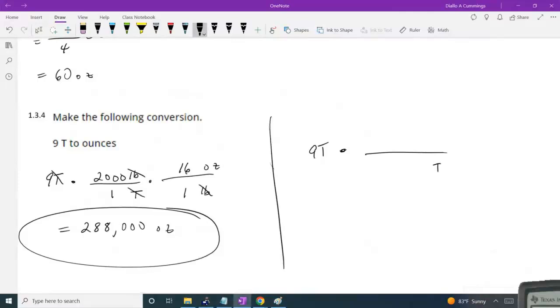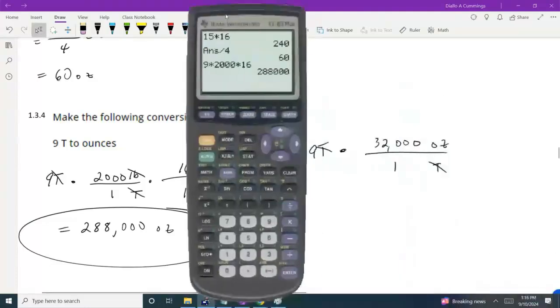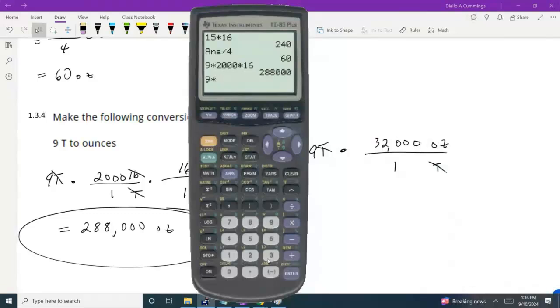So I'm going to put tons in the denominator, ounces in the numerator. 1 ton is 32,000 ounces. So when I multiply, my tons are going to cancel. I'm left with ounces. So if we multiply 9 times 32,000, we should get that same 288,000 ounces.